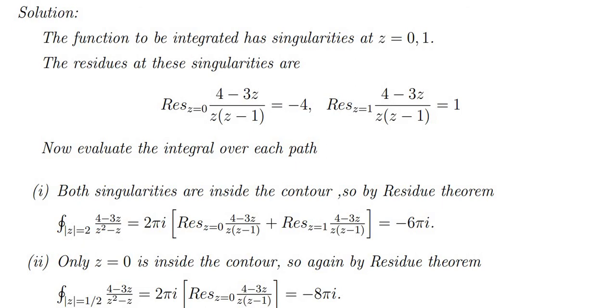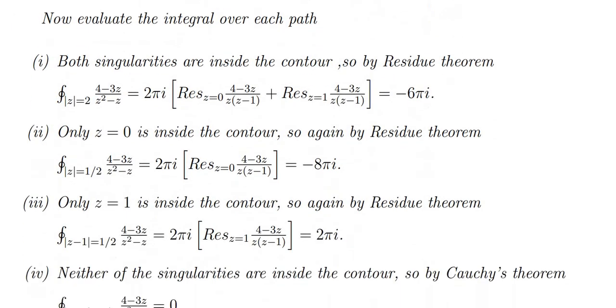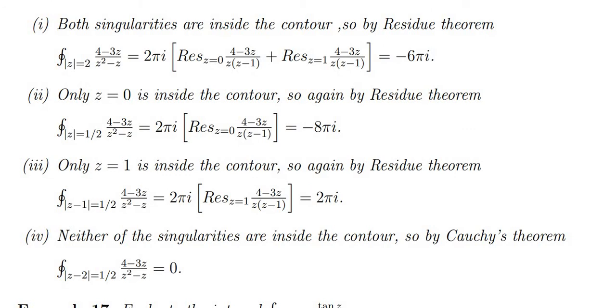Now let's evaluate the integral over each path. In the first case, we have |z| = 2. For this path, both singularities are inside. So by the residue theorem, this integral is equal to 2πi times (residue at 0 plus residue at 1). That's −6πi.